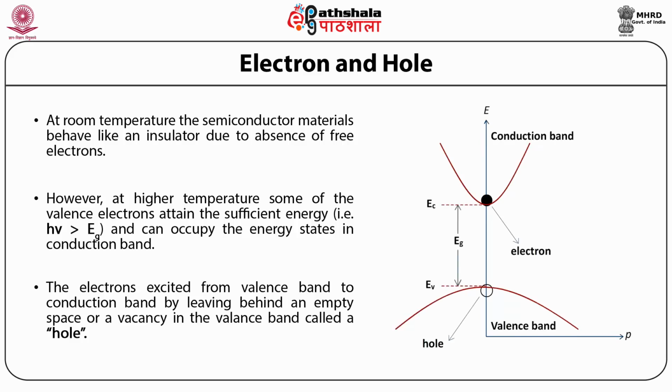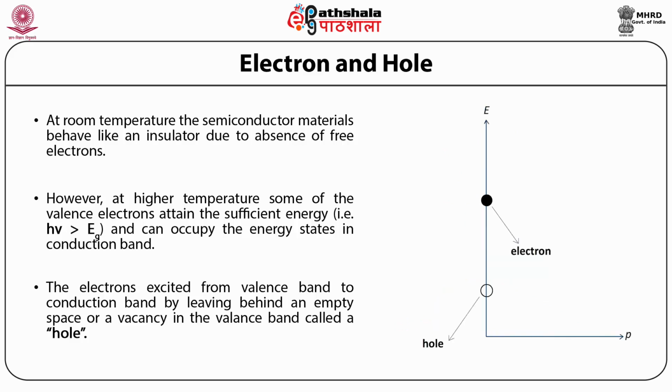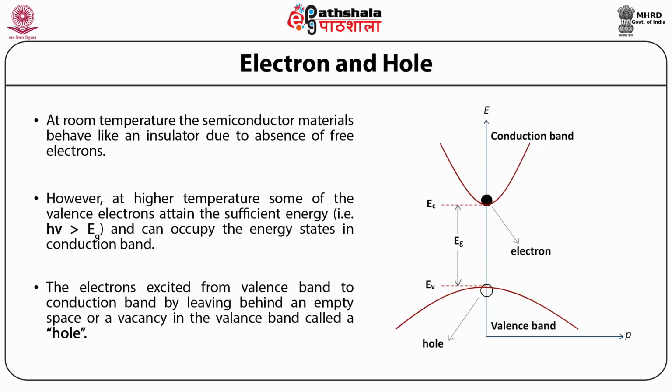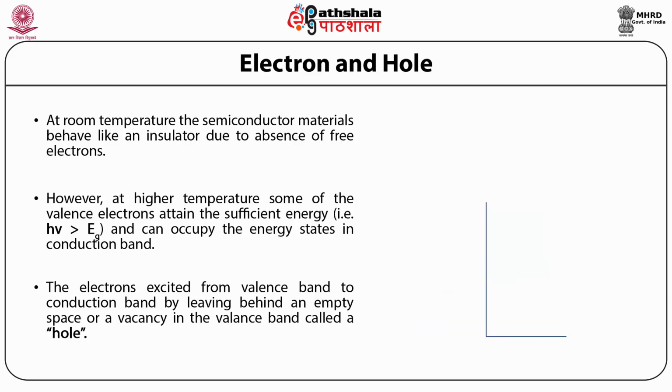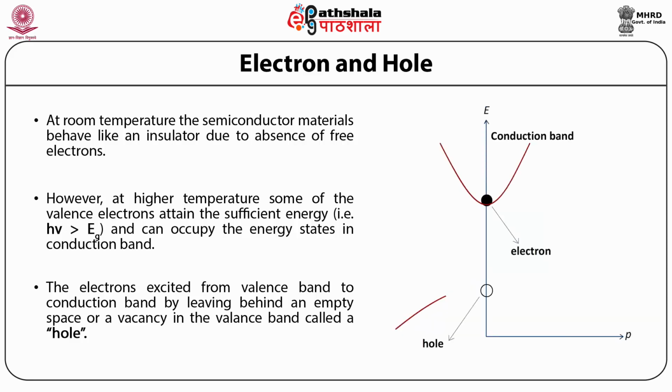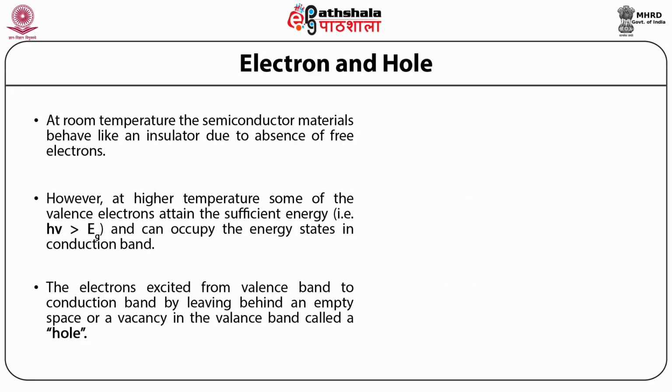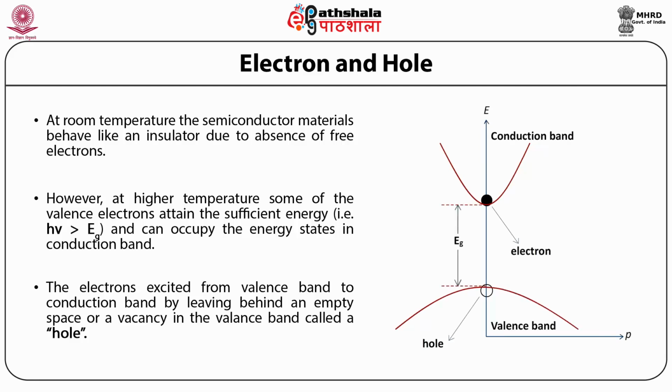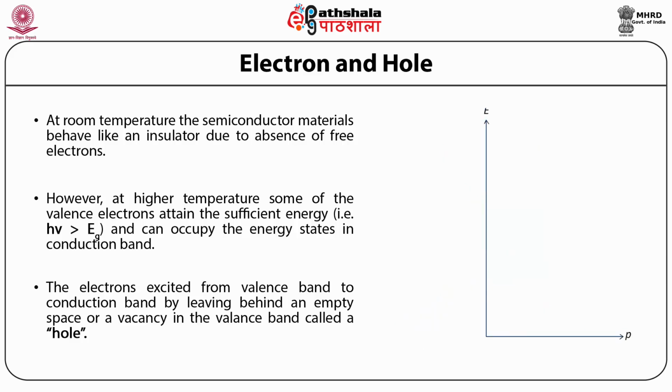Hence, the total current flow in the semiconductor is due to both the electrons in the conduction band and the holes in the valence band. So the motion of electrons and holes in the semiconductors in the presence of an applied field differs from the particles in free space.